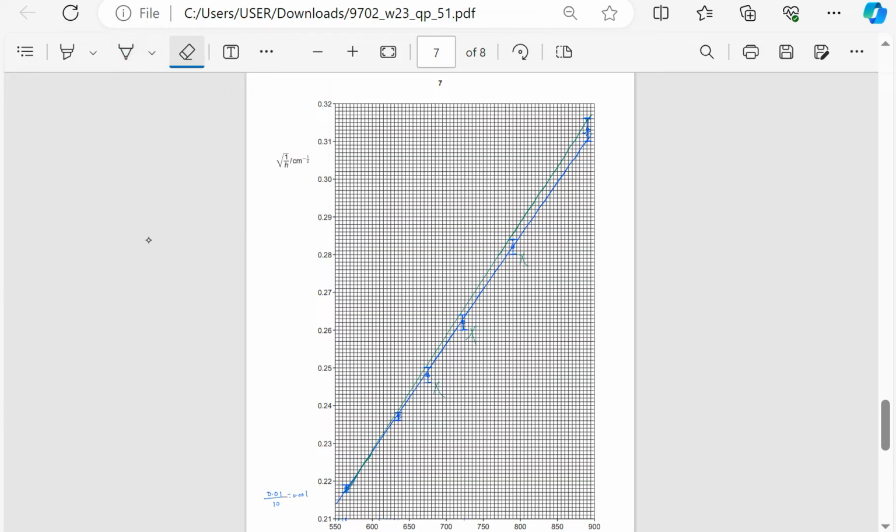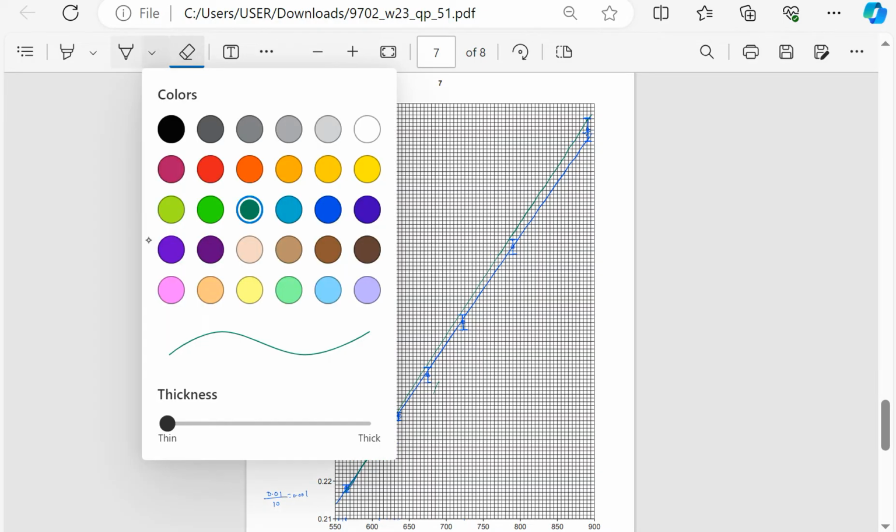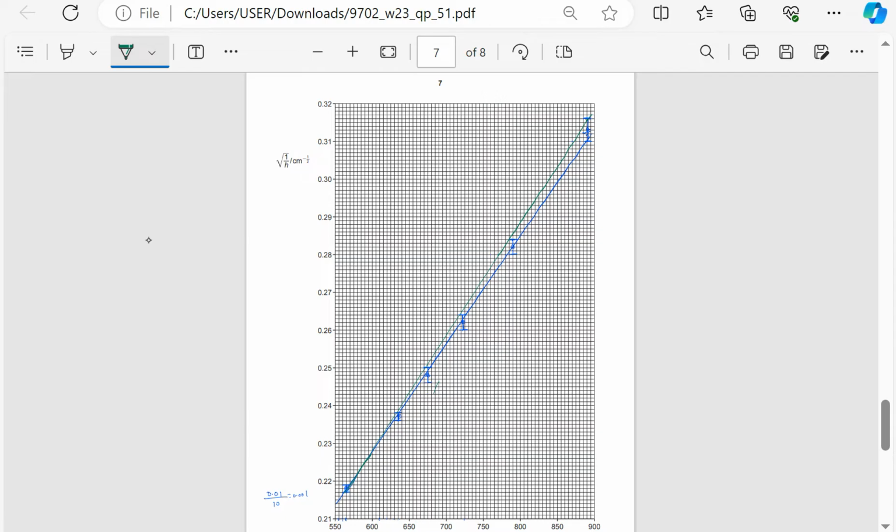So I have to draw a better line of worst fit. So I have to modify this line so that it crosses through all the error bars. Okay, so let me try to change it. So I'm adjusting my line to touch the second last error bar from the top to see if the rest are also crossed.